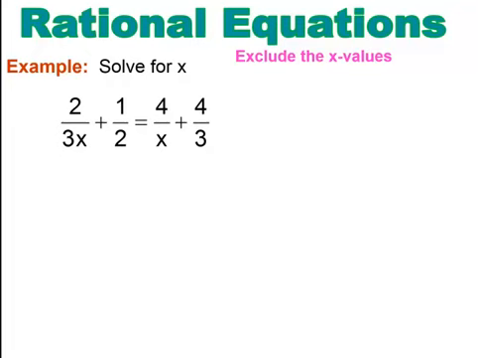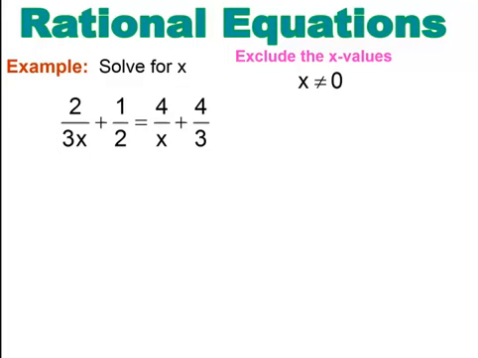If I set them equal to 0, I'm going to find that whenever x is 0, I'm going to have 0 in the denominator, so therefore we would end up with an undefined solution. So I need to eliminate that value of x. So when I solve this, I cannot have my solution equal to 0. If I get a solution equal to 0, there would be no solution for this rational equation.